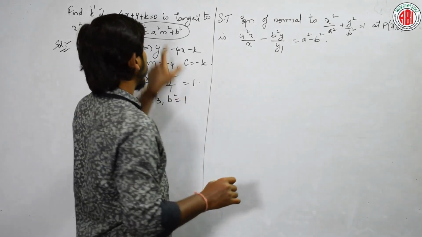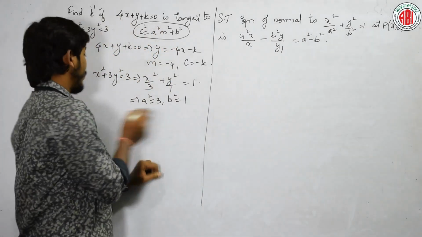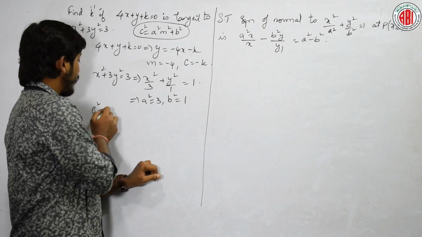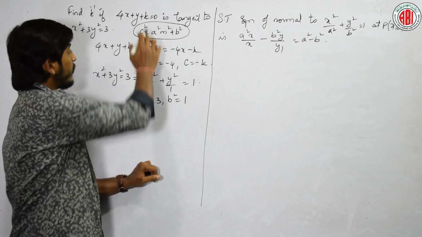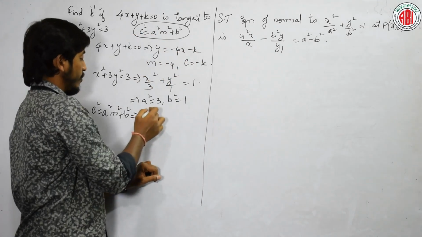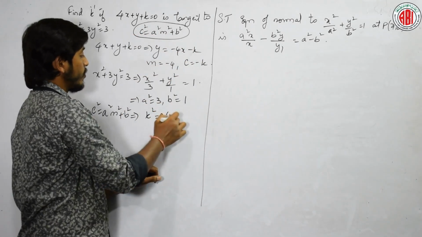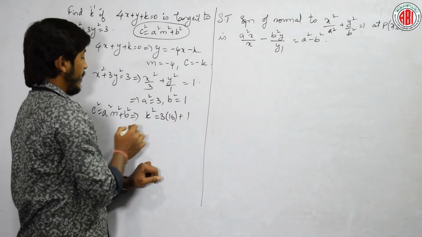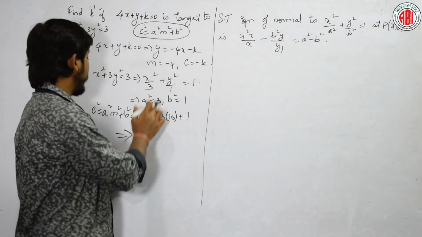Now, let us substitute everything in the condition. The condition is c square is equal to a square m square plus b square. What is c here?